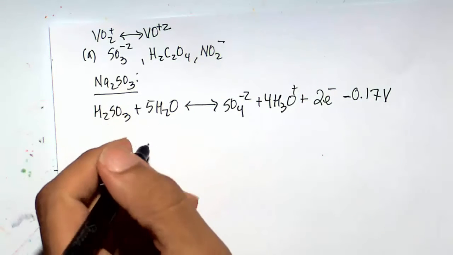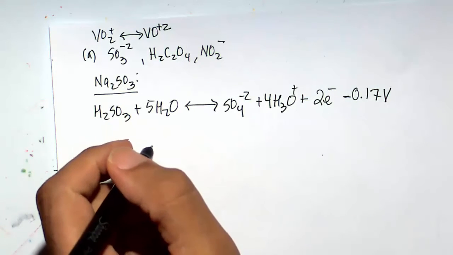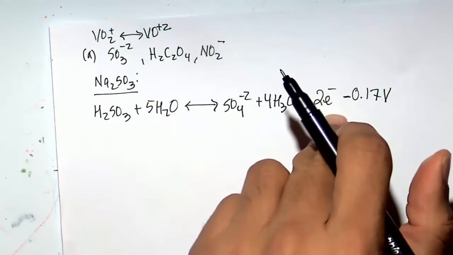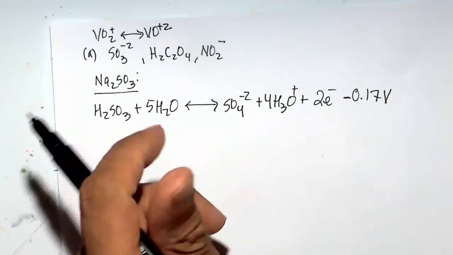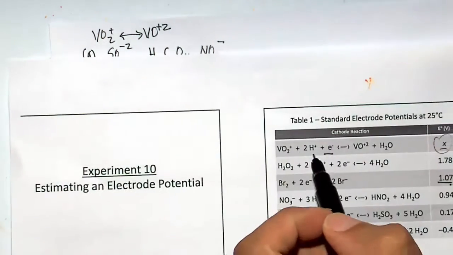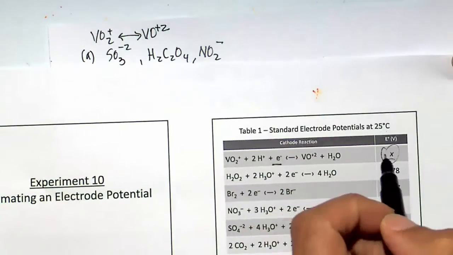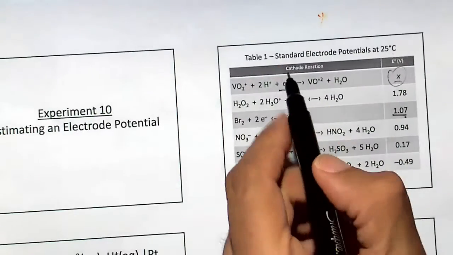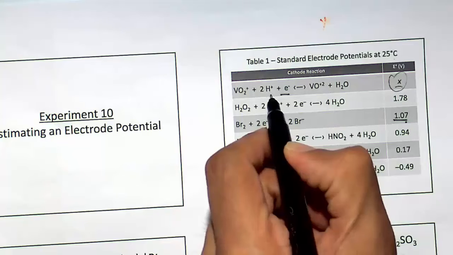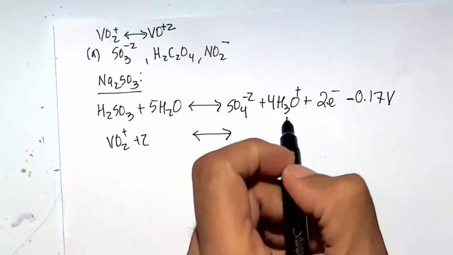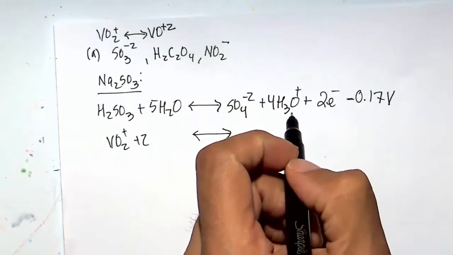Since I flipped that reaction, I will flip the sign. And this is oxidation, I lost 2 electrons. Reduction, so now we will do this as the reduction reaction, keeping it as X. So I'm actually going to, instead of doing H+, I'm going to do H3O+. That's just making this with the H3O+ even.